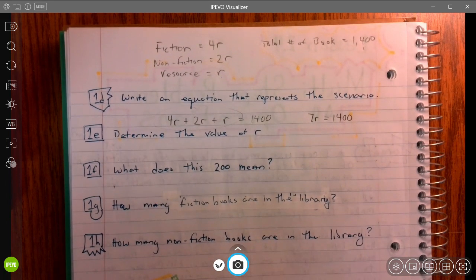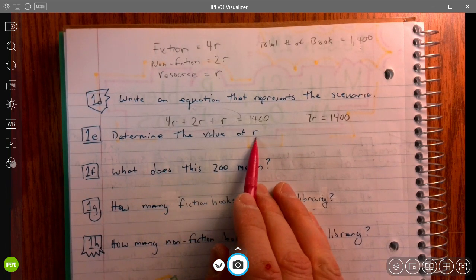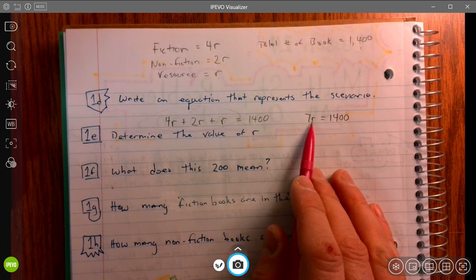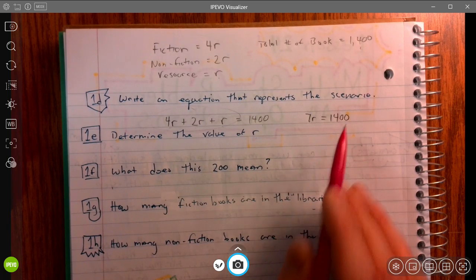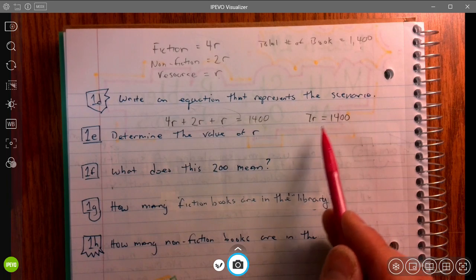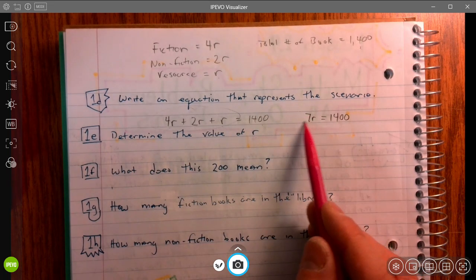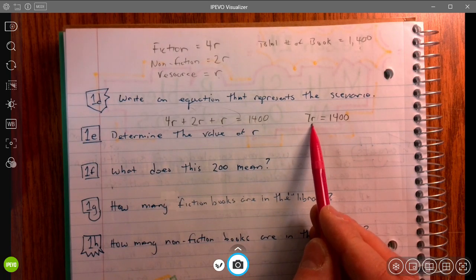So, question 1E asks us to determine the value of R. Well, let's take a look. I have 7 times R equals 1,400. Now, as we talked about in previous videos, if I need to determine the value of R, I need to isolate R on one side of the equation, or in other words, I need to get R alone.